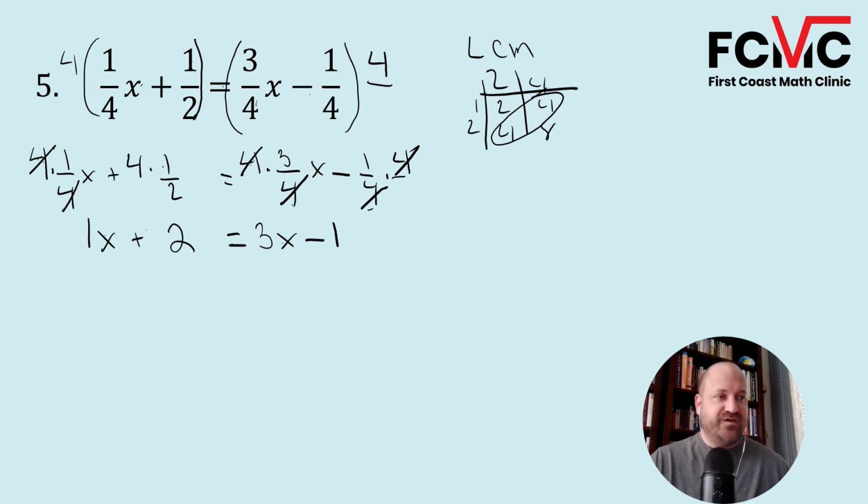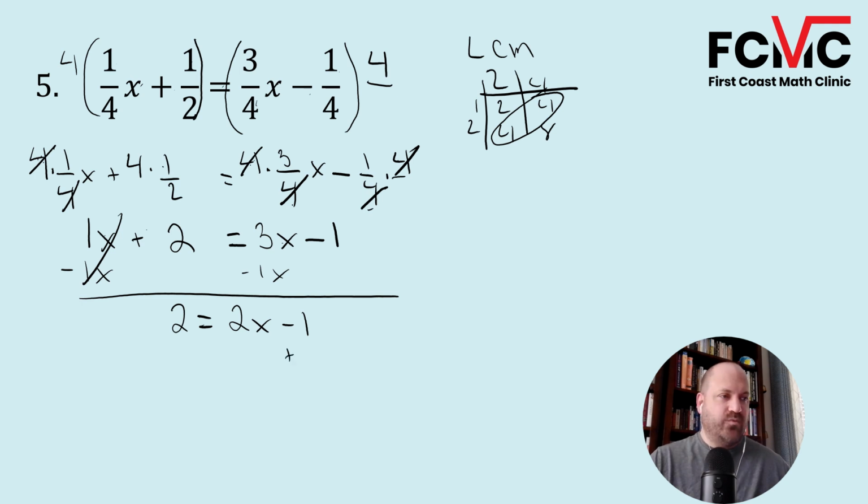So let's go ahead and solve this. I can subtract 1x and 1x from each side. 1x's cancel out. I get 2 equals 2x minus 1. Let's add 1 and add 1 to each side. 1's cancel out. I get 3 equals 2x. Divide by 2. Divide by 2.